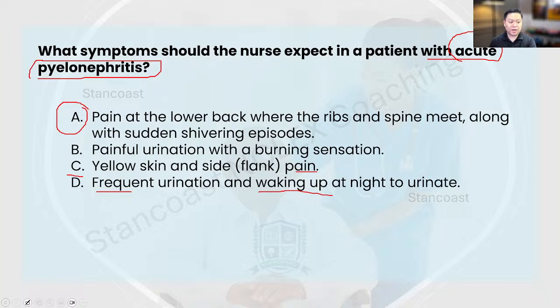That should not be part of the renal problem here. Eliminate this one right away. Now, also you have to focus on the keywords in the test question, especially it's saying tenderness at the junction of the ribs and the spine, okay? And also the shivering. These are close associations with pyelonephritis already.